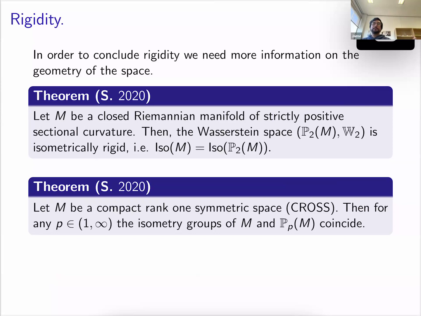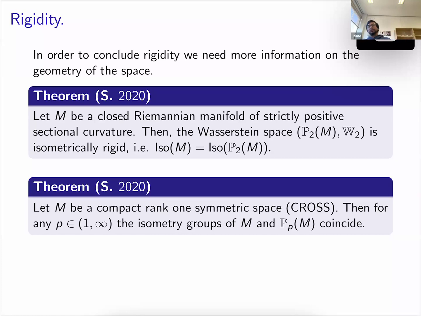The first one says that if M is a closed Riemannian manifold with strictly positive sectional curvature, then the Wasserstein space for p equals 2 is isometrically rigid. That just means that the isometry groups of M and of the L2 Wasserstein space coincide, but one really relies on p being equal to 2 and on the positive sectional curvature.